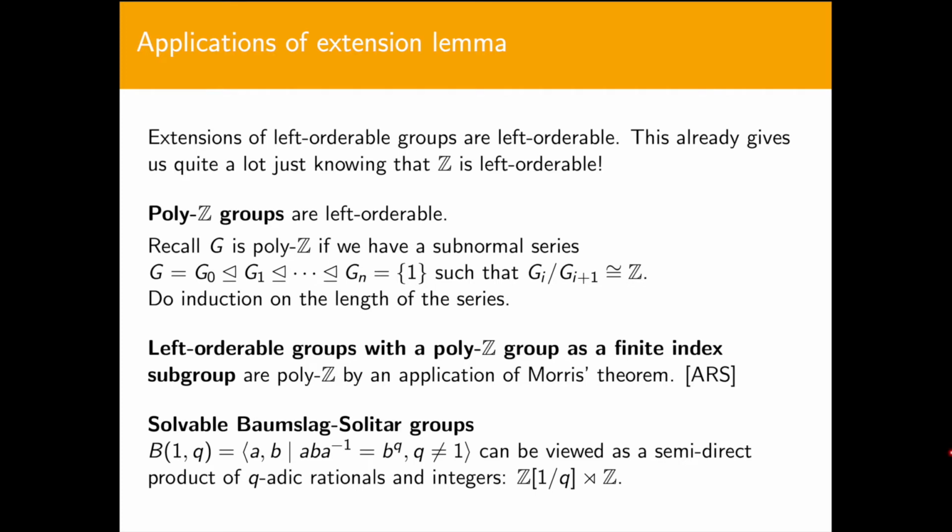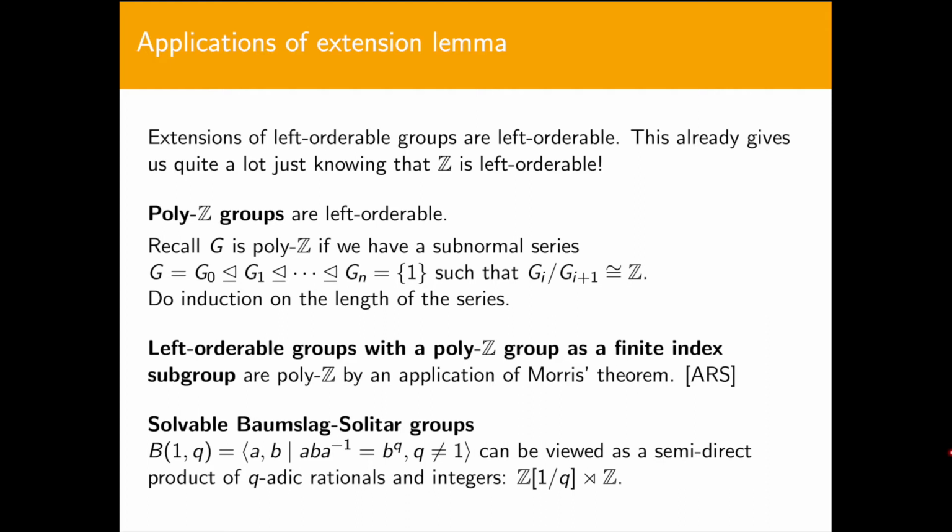Moreover, left-orderable groups with a poly-Z group as a finite index subgroup, so virtually poly-Z groups, are poly-Z by an application of Morris's theorem. This is going to be in an upcoming paper with Tiago, Cristobal Rivas, and myself. And finally, solvable Baumslag-Solitar groups are left-orderable.